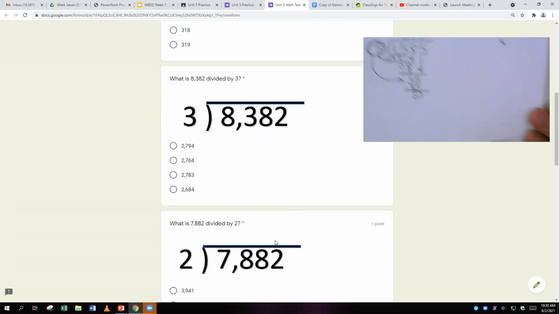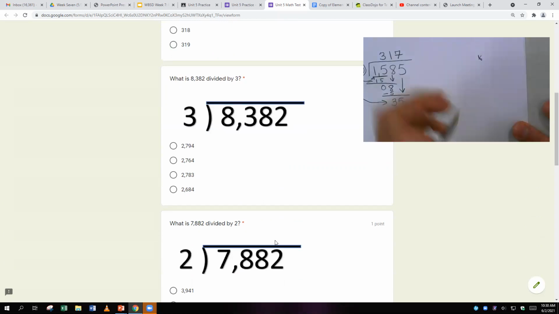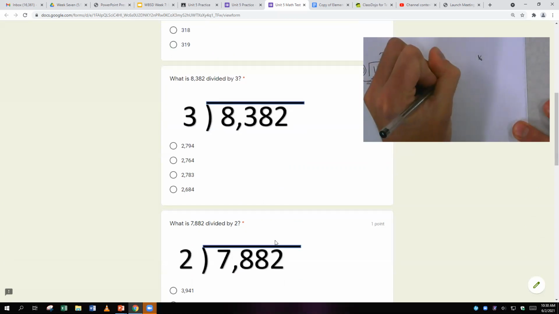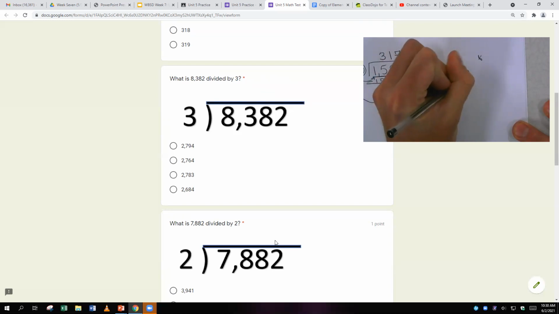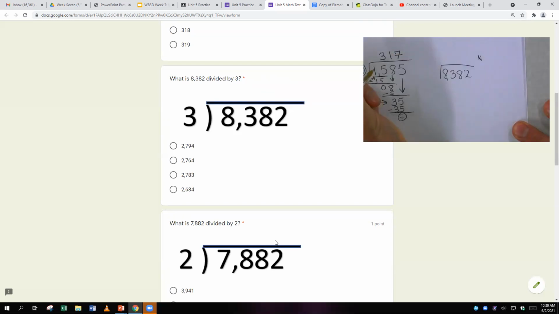Let's go to the next one here. The next one is 8,382 divided by 3. How many 3s are in 8? 2 of them. What's left over? 2. Bring down the next number.